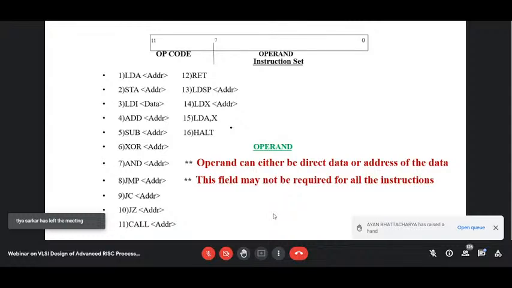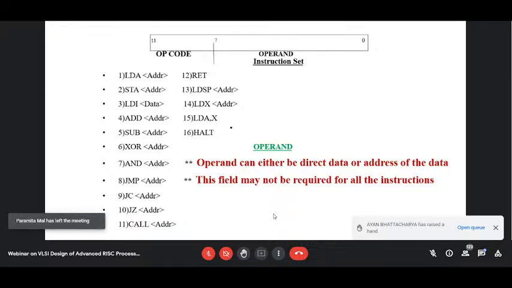Then jump carry, jump on 0, call. If there is a call instruction, there must be return instructions. Then load stack pointer. So to perform the call, the stack pointer will be required, because call means call and jump. The difference is for call instructions, the flow of program will be sent back after the return instructions.